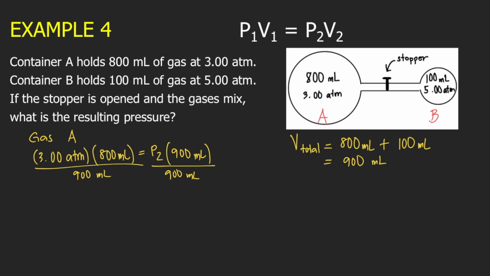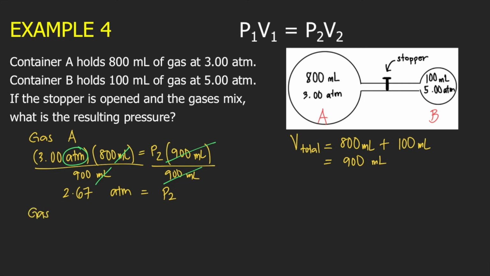So 900 ml cancels on the right side, and what remains on the right side is P2. On the left side, ml will cancel, and what remains is atm as the unit. So 3 times 800 divided by 900 is equal to 2.67 atm. So the pressure of gas A after mixing is 2.67 atm.